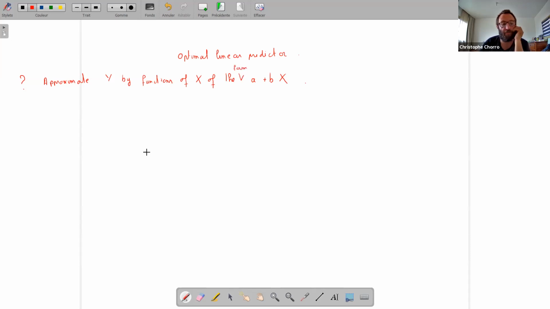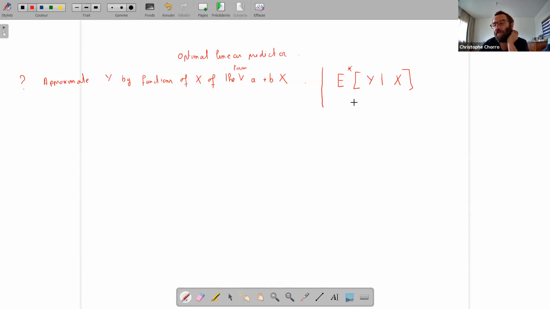Okay, and for this best approximation, I will denote it by E star of y given x. So it will be something more precise than the expectation, because it includes expectation, taking b equal to 0.